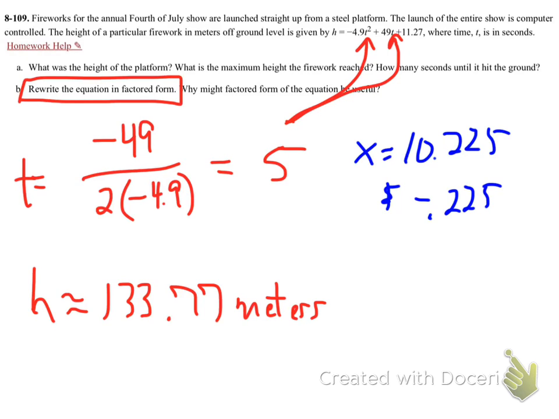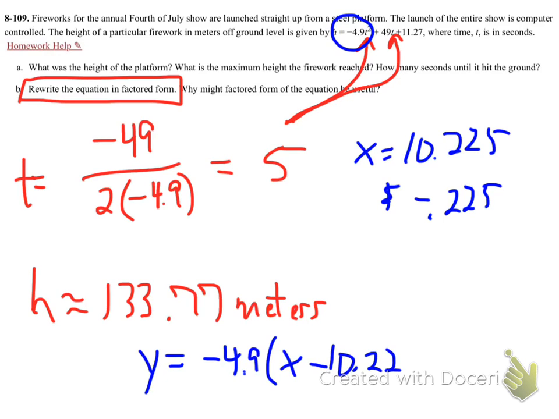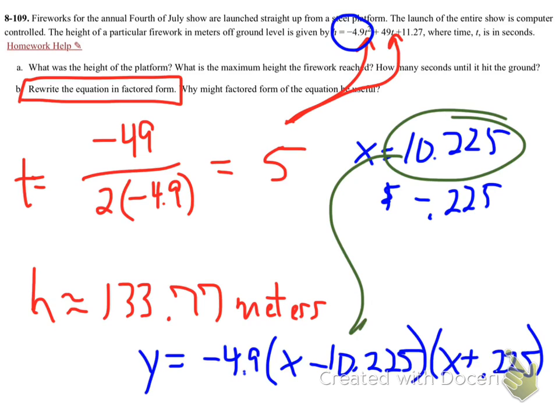I know that my stretch factor, or my a value, is negative 4.9. So if I just wanted to write this in factored form, it'd be negative 4.9 as my stretch factor, times x minus 10.225, times x plus 0.225. I would get this root from that factor and this root from that factor.